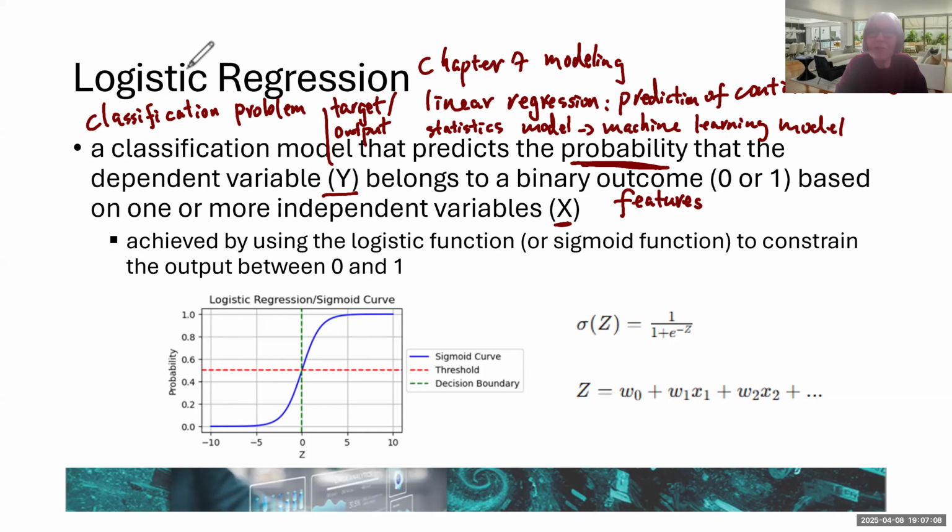And the key math behind the logistic regression is the logistic function, or we call it a sigmoid function, okay? And sigmoid function, so the plotting, if you plot it, it will look something like this.